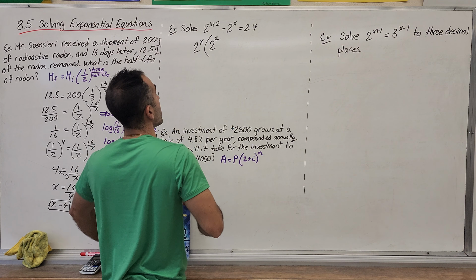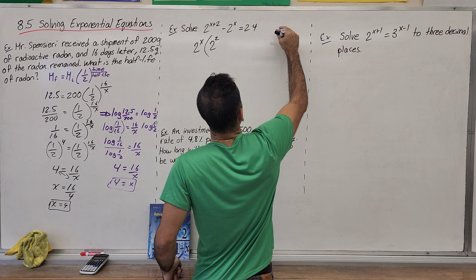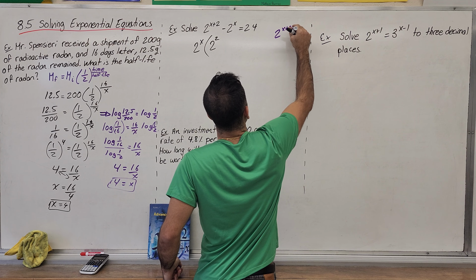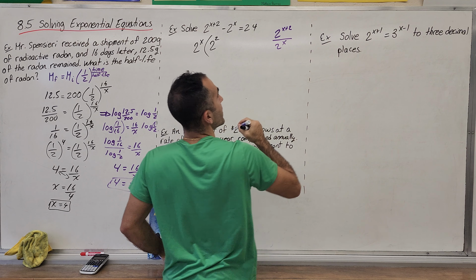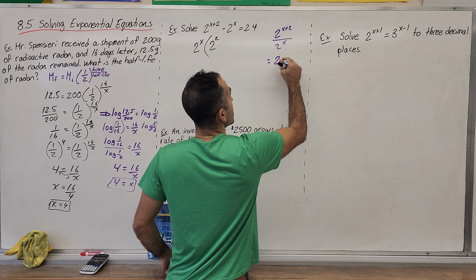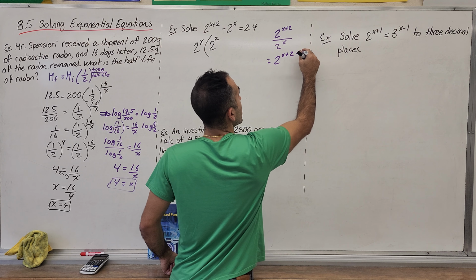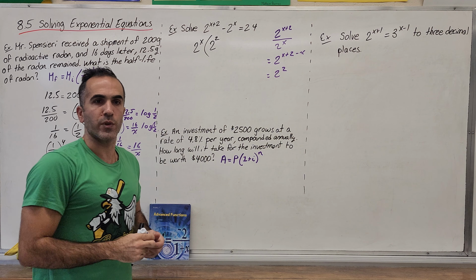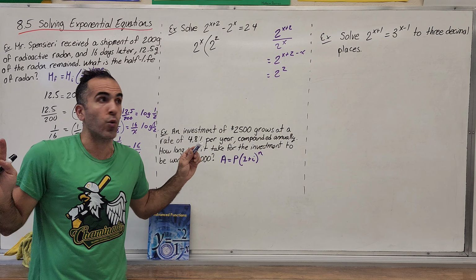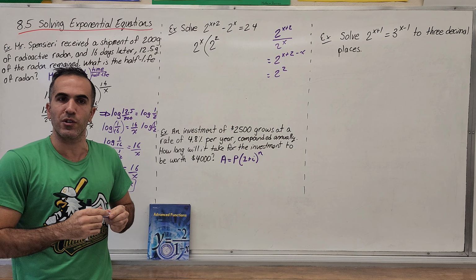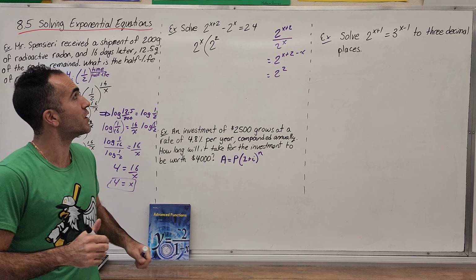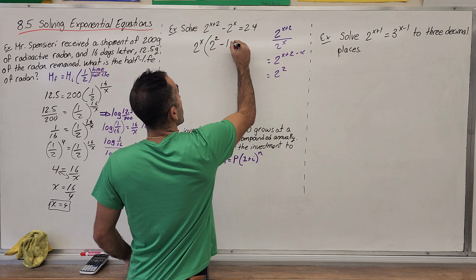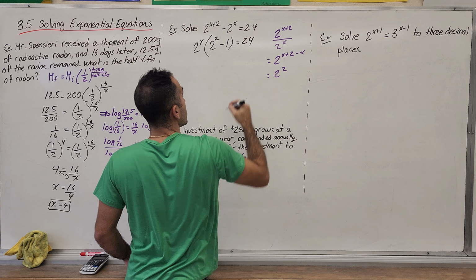And if that confuses you, when I factor something out, 2 to the x plus 2, I'm really dividing it by 2 to the x. So this is going to be 2 to the x plus 2 minus x, which is just 2 to the 2. Okay, just recall exponent laws, even with equations in the exponents, the same thing. You're still adding and subtracting based on the operation. This becomes a 1, and that's a 24.